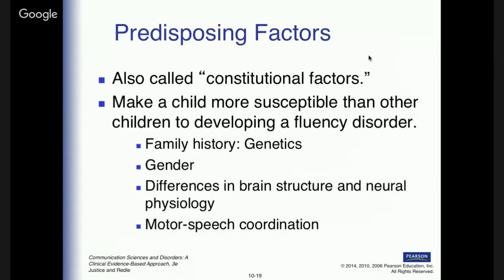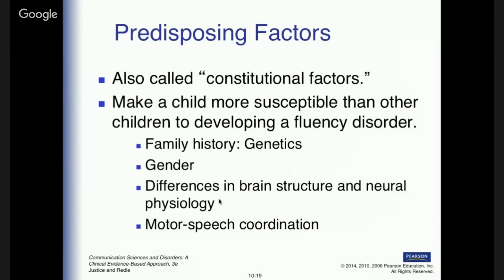In that other 30%, we've got differences in brain structure and neural physiology. Well, this is true for everybody, but I think just, we get some random differences in brain structure, and or kids who have had complications at birth are much more likely to stutter than kids who have not had complications. So kids who have had instruments used, kids who have stopped breathing for a period of time, either during or right after birth.